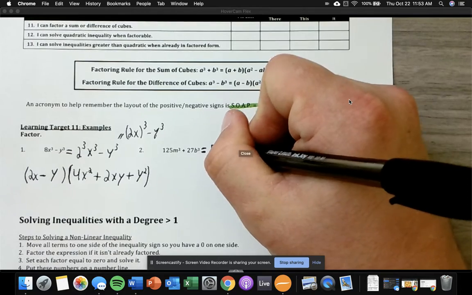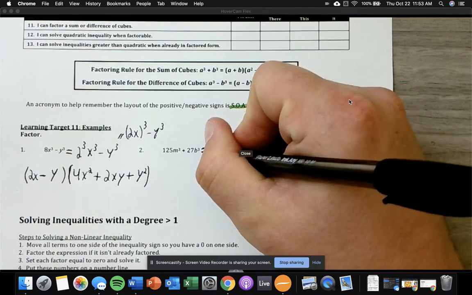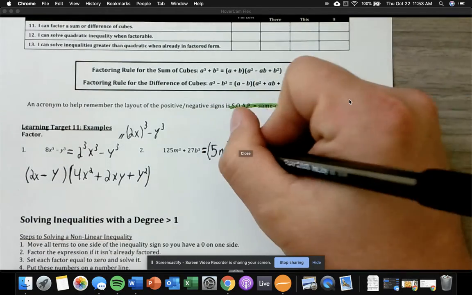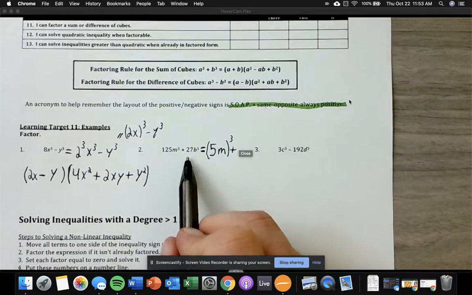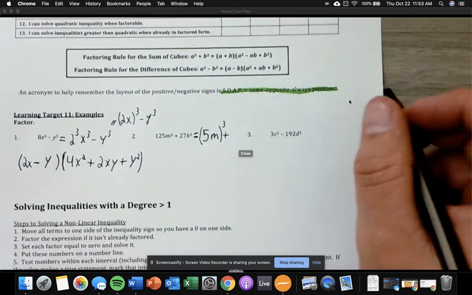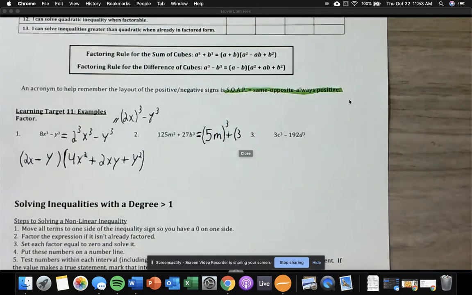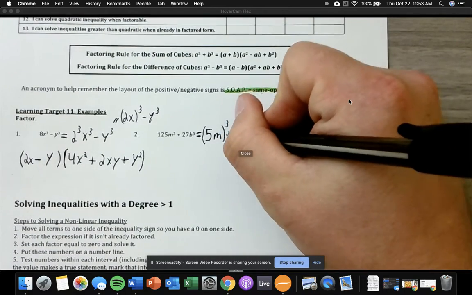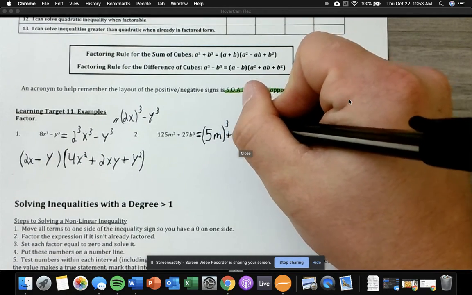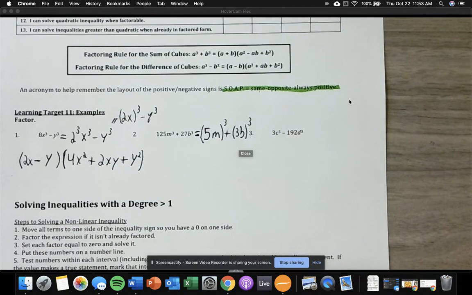So we can rewrite this as 5m all raised to the third power plus 27. Well, that's just the same thing as 3 raised to the third power, because 3 times 3 is 9, times 3 is 27. So we can rewrite this as 3b all raised to the third power.